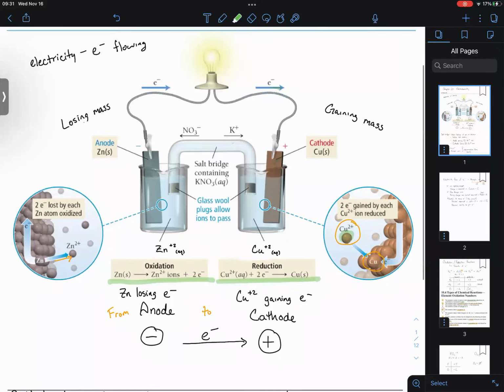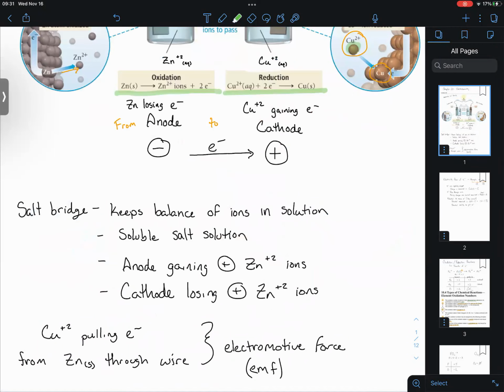We're going to be able to calculate the ability of those copper-2 ions to pull electrons from zinc through the wire, what we call the electromotive force. And now we know that this potential is measured in units of volts. So we should be able to calculate the voltage of our battery. All right, and so how are we going to do that?